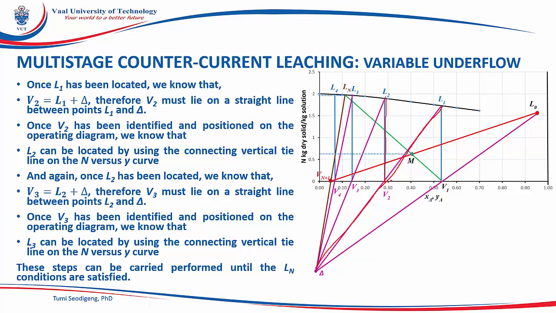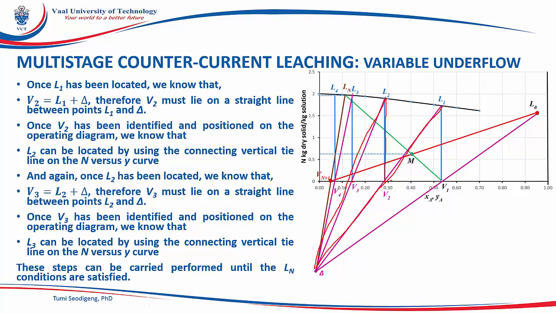Therefore, V3 must lie on a straight line connecting L2 and delta. Where this line intersects the x-axis, you can find V3. And then you continue on like that, knowing that L3 is connected to V3 by a vertical tie line, and it will lie on the n versus y equilibrium curve here.